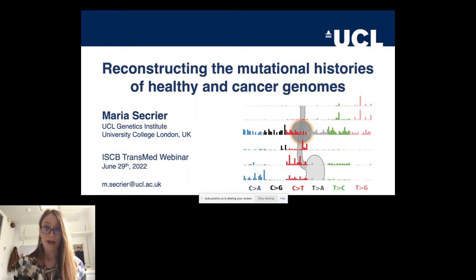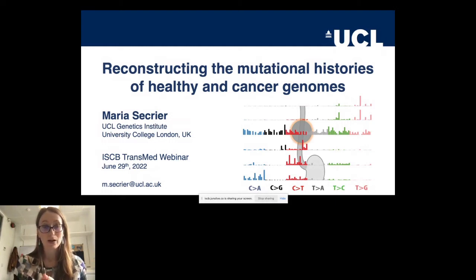I will be discussing some of the computational approaches that other people and I have taken in the field to study these mutational processes, and I will give you some examples from my work as well. I will first start by giving quite a broad introduction into what these mutational processes look like, what they do to our cells, and how we can identify them computationally.